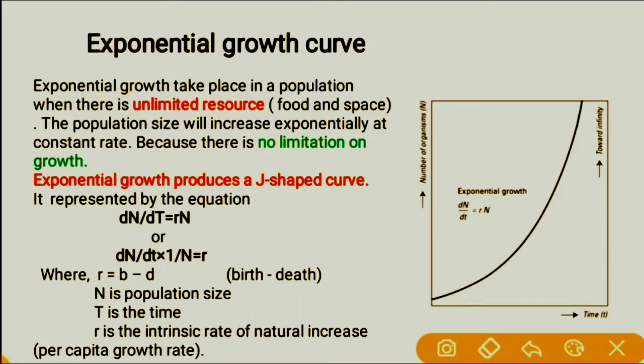If a population continues to grow when unlimited resources are present, resources may be food, shelter, space, then the population is said to be exponentially growing, because if you have unlimited resources, you will use the resources for your survival and for your reproduction, so you will increase your intrinsic rate of reproduction, so the population will increase.